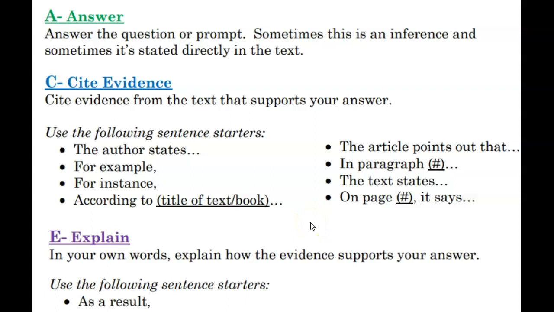Pick 1 or 2. I usually pick like 2 and I use them. I oftentimes use for example or for instance, and then I also use in paragraph or on page. All right, so pick a couple of them and make sure you practice using them.